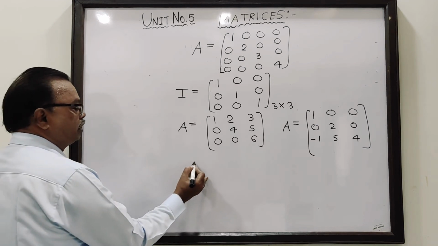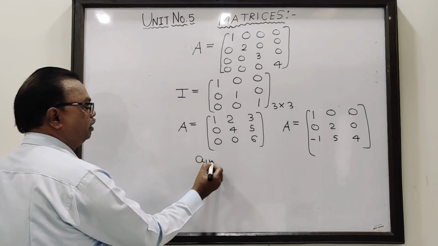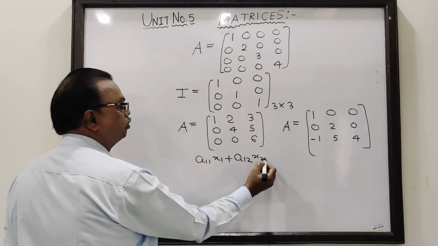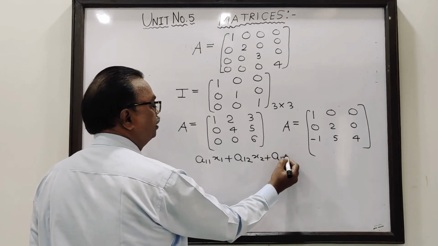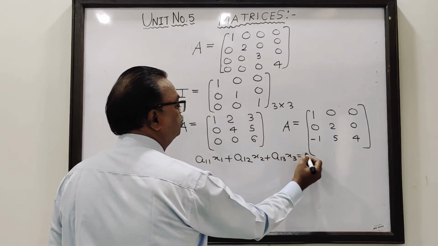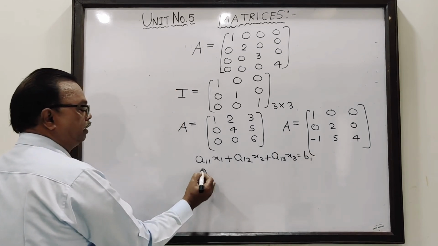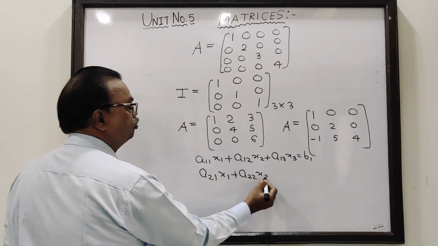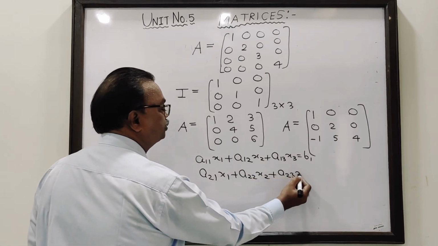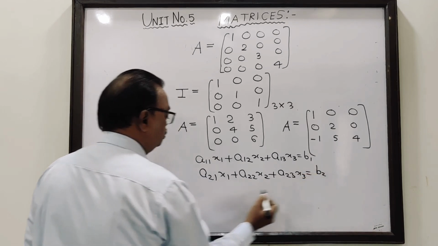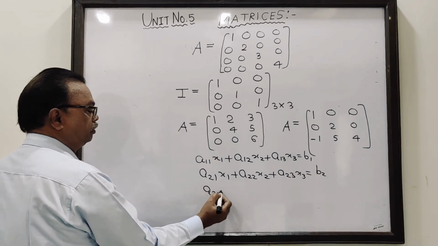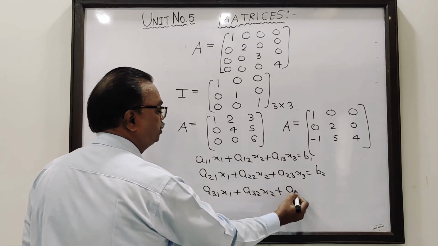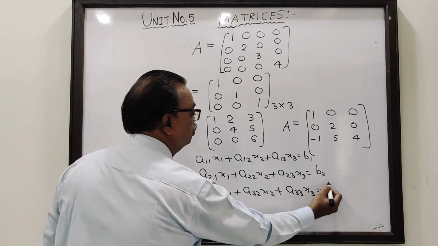That means there are 3 equations: a11 x1 plus a12 x2 plus a13 x3 is equal to b1, then a21 x1 plus a22 x2 plus a23 x3 is equal to b2, then a31 x1 plus a32 x2 plus a33 x3 is equal to b3.